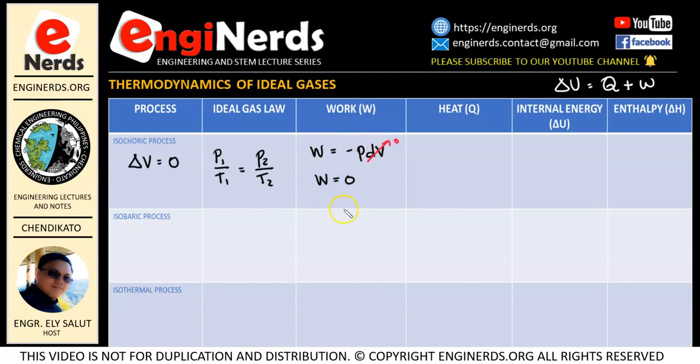It is easy to remember, because we have the formula W is equal to negative PdV, but since our dV is equal to 0, that means our work is equal to 0.